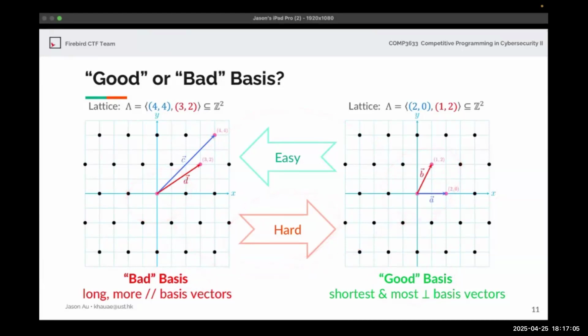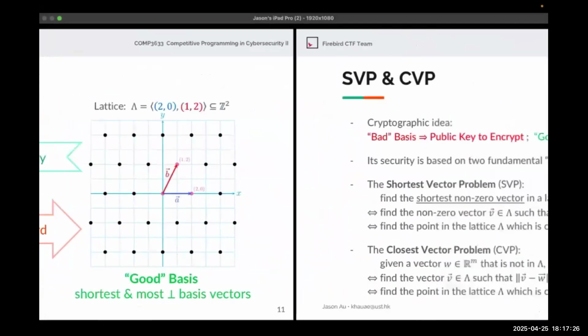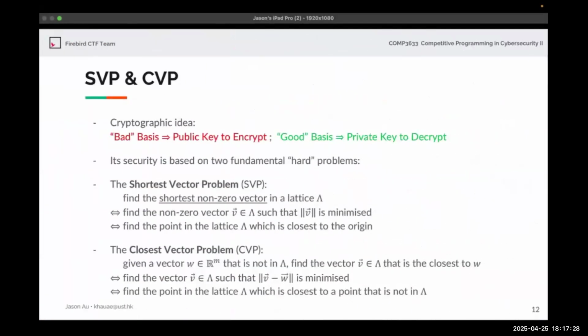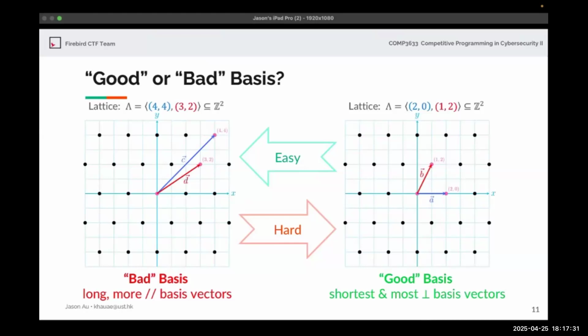You may say that in 2D or 3D space it may be equally easy. But in 1000 dimensions, if I give you two vectors that are very close, very parallel, this process must be hard. So the hard problem is the shortest vector problem.